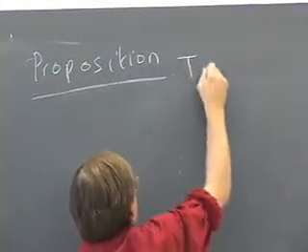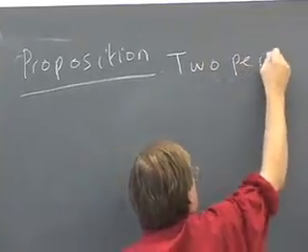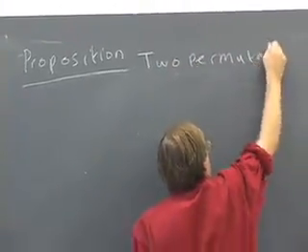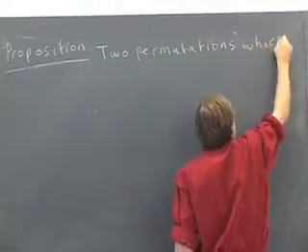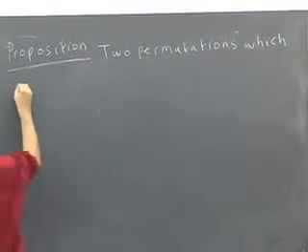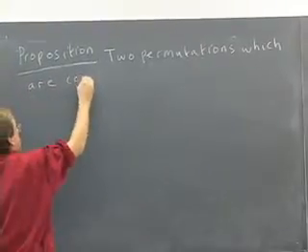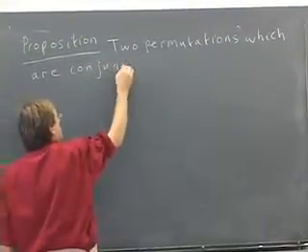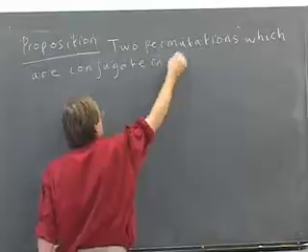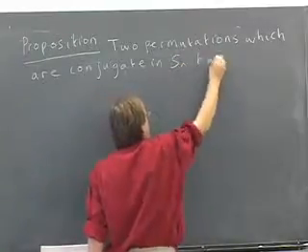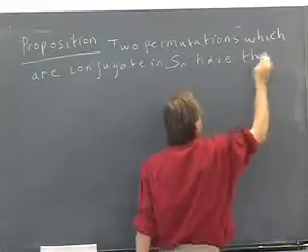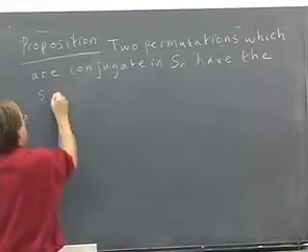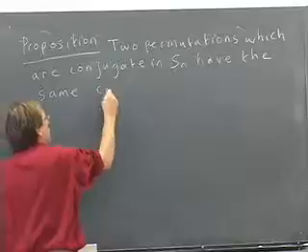So, first of all, two permutations which are conjugate in Sn, the usual words people use are have the same cycle shape.